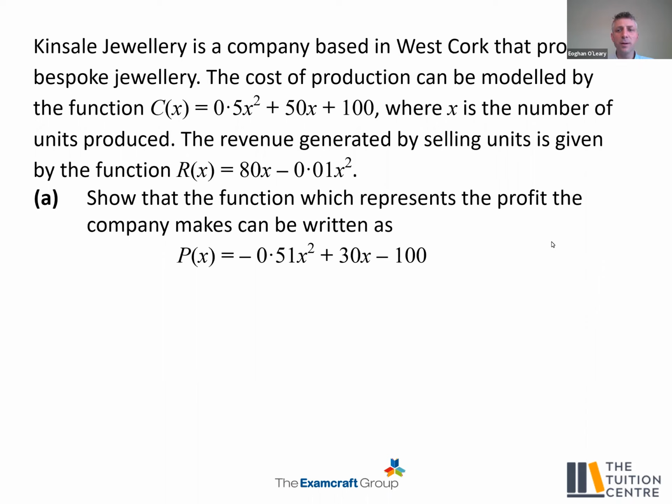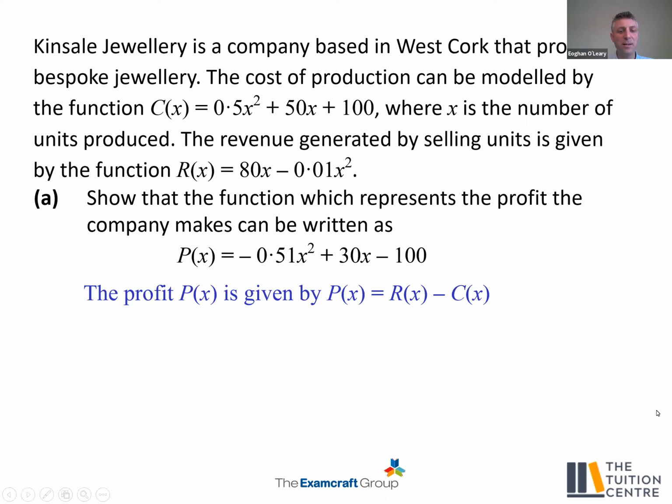Okay, so the language here could scare some students off, but if you take your time to think about this, like how does a company make profit? Well, profit is revenue minus costs. So the profit function is my revenue, which is my 80x minus 0.01x squared, minus my cost. So you just got to be careful. Obviously, your cost function here, all the signs are going to change.